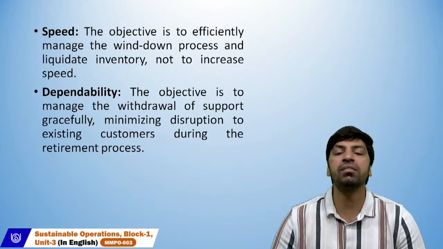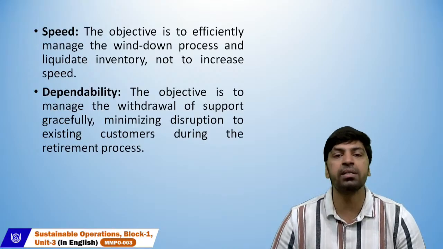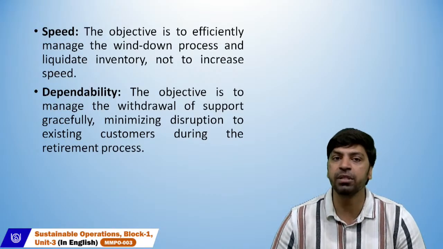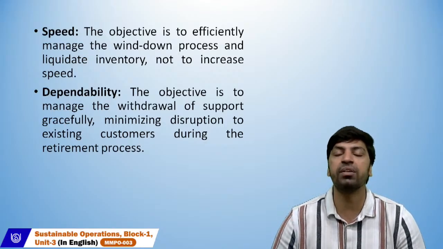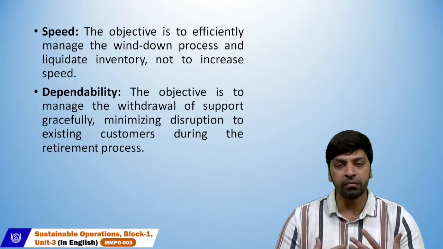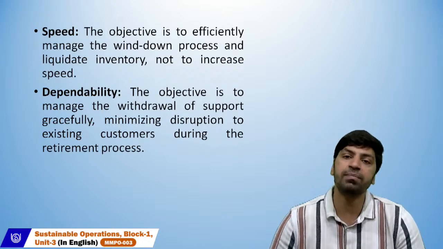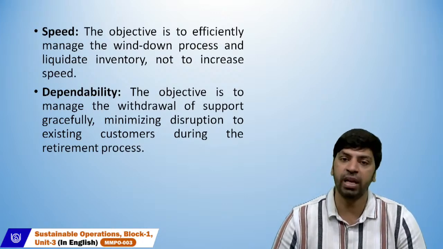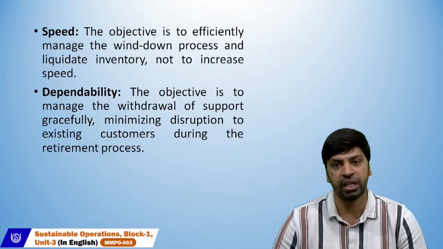The objective is to manage the withdrawal of the support gracefully, minimizing the disruption to existing customers during the retirement process. So this is how in these four stages, these four aspects automatically influence the company performance objectives.